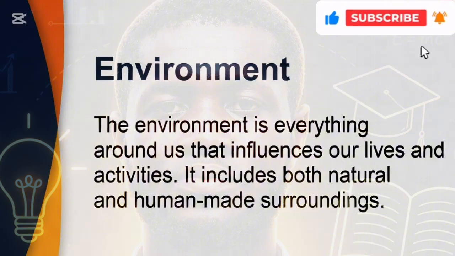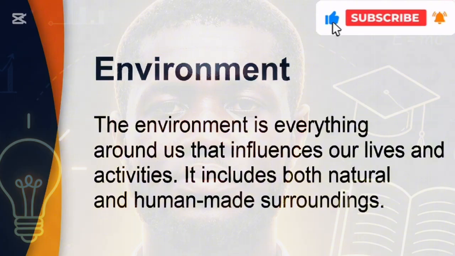So if you look around now where you are sitting, if I look around me, I can see a chair, a book, a pen, buildings, animals moving around, and humans. So collectively, we say that is your environment.